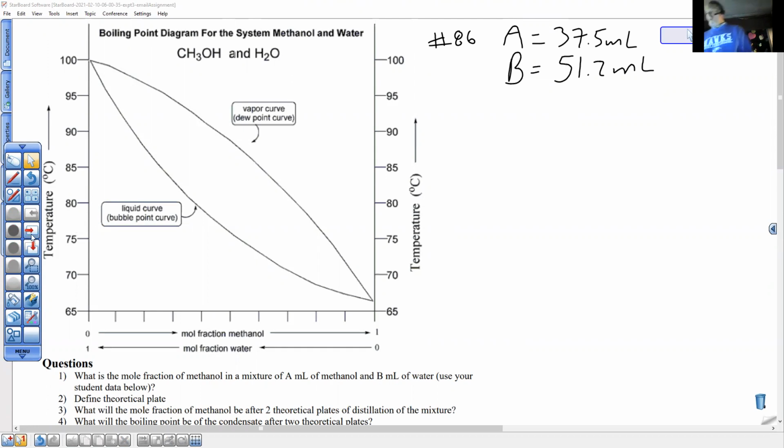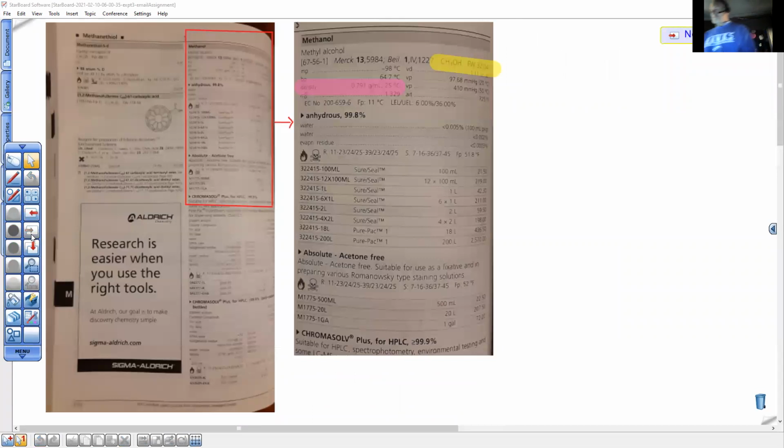Well, we go to the Aldrich catalog, and I found on page 1752 of this edition, I believe the 2009 edition, there's actually about 3.5 pages of methanol. I expanded this region over here.